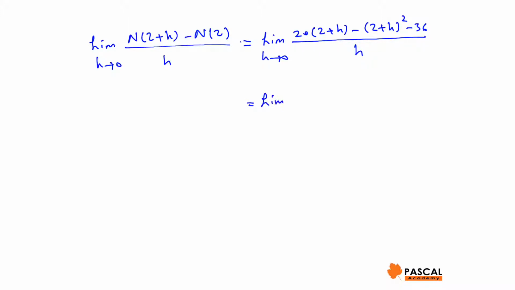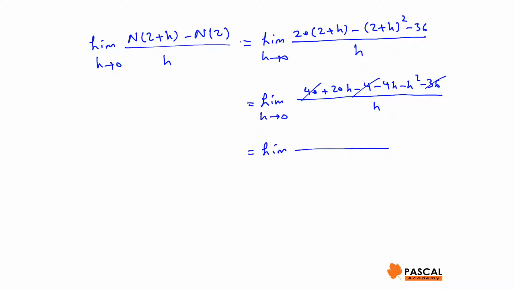To calculate this limit, we expand the numerator. 40 plus 20h minus 4 minus 4h minus h squared minus 36 over h. Minus 40 and 40 cancel. This would be the same as the limit of 16h minus h squared over h as h approaches 0.